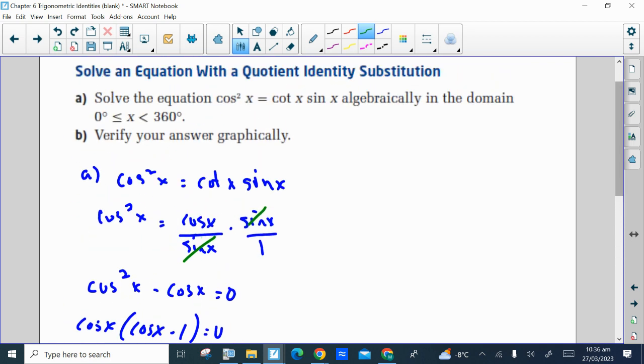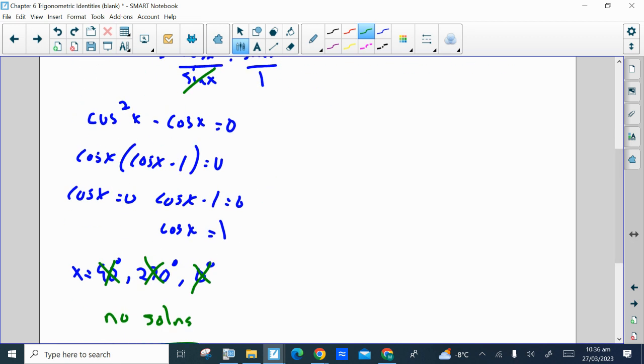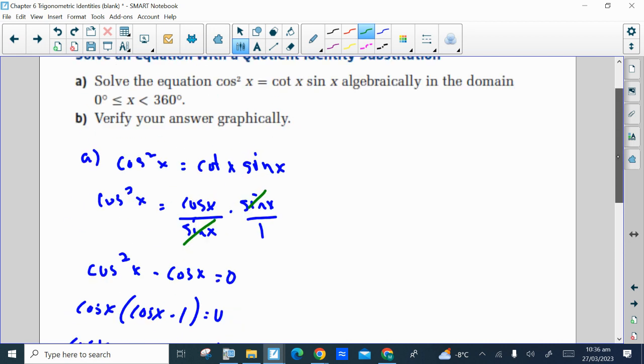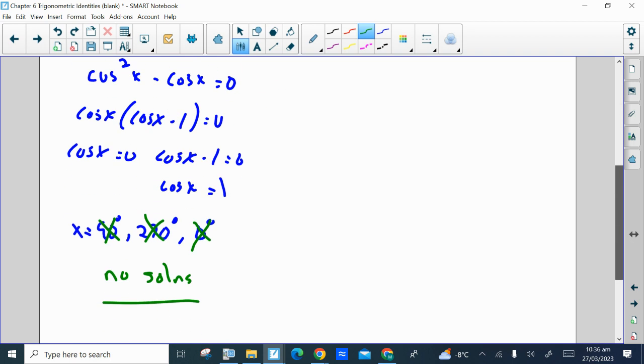And the reason for that is because cotan can be written as 1 over tan. And when you write it as 1 over tan and then realize that tan is sine over cos, because tangent is a denominator, neither sine nor cos can equal 0, which is what all three of these angles have. Either sine or cos equals 0. Okay, so in this case, there are no solutions to that one.